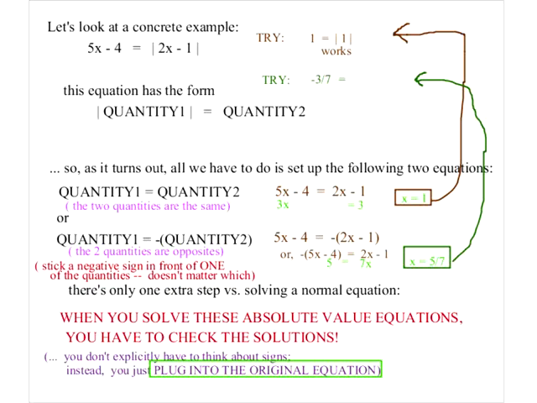This is 25 over 7 minus 28 over 7. And then the other side of the equation is equal to the absolute value of 10 over 7 minus 1. So notice this doesn't work. This is wrong. What that means is just that this is not a solution.